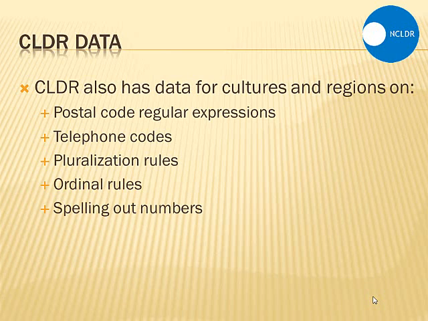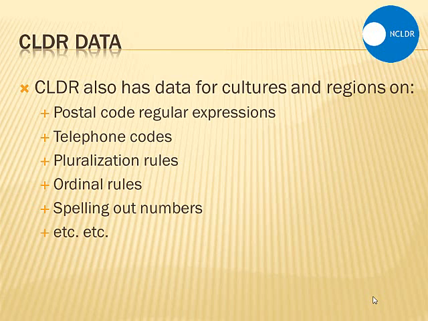Spelling out numbers, so the number 1966, for example, would be spelled out one way if it was a year, but if it was simply an integer, it may be spelled another way, and the spelling out rules show how to spell out different numbers in different contexts in different languages. And it goes on and on. Please don't feel that the additional data in CLDR is limited to the list that you can see on the screen here. This is simply the tip of the iceberg.